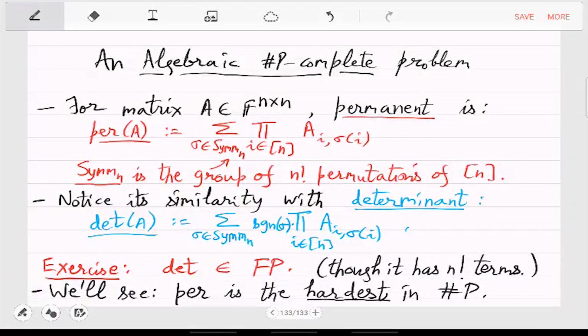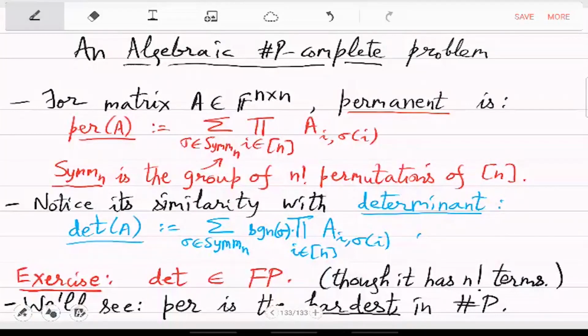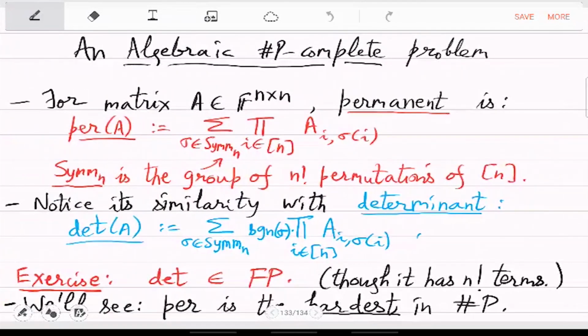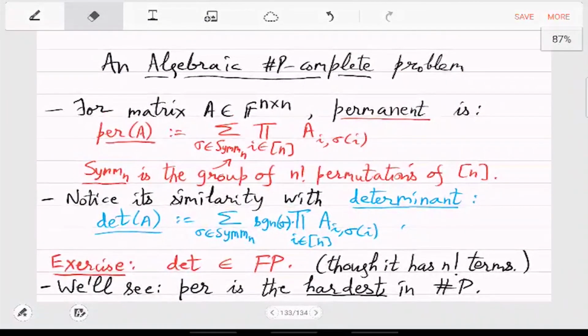So it is at the level of Sharp SAT. Okay, just like Sharp SAT, we don't expect to find a fast algorithm. Similarly, permanent, we don't expect to find a fast algorithm. Yet at the same time, determinant somehow has a very fast algorithm. Okay, so that's a surprising mathematical fact and conjecture. Let me not say it's just the hardest, it is one of the hardest.